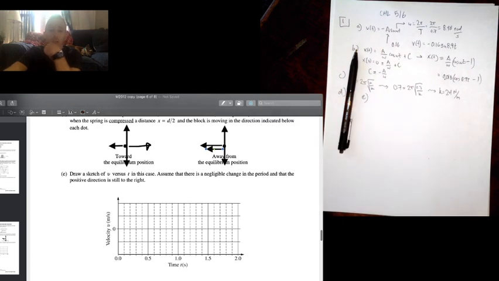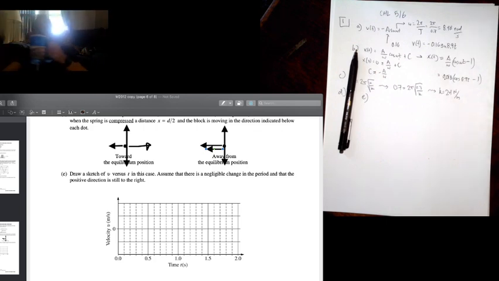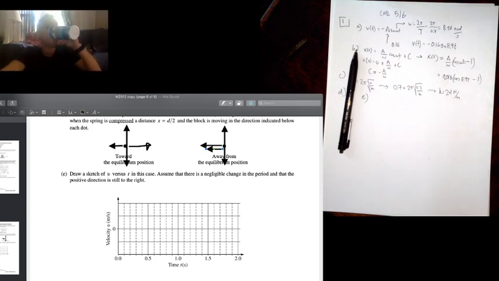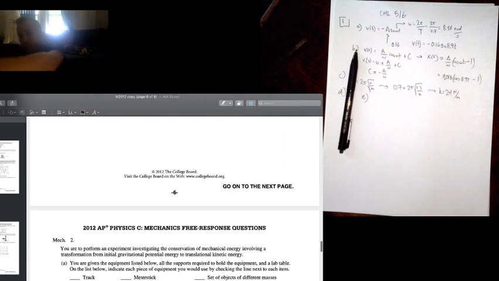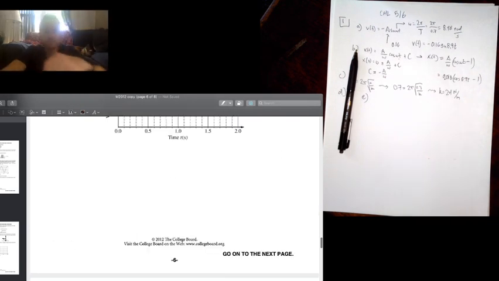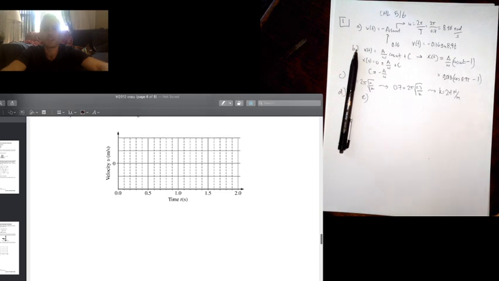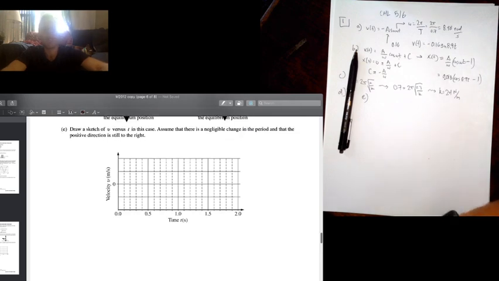Draw a sketch of velocity versus time in this case. Assume there is negligible change in the period and that the positive direction is still to the right. It's basically going to make this damped simple harmonic motion.